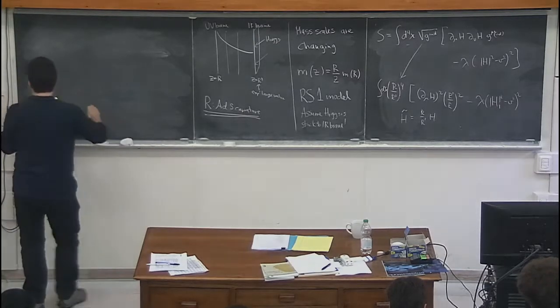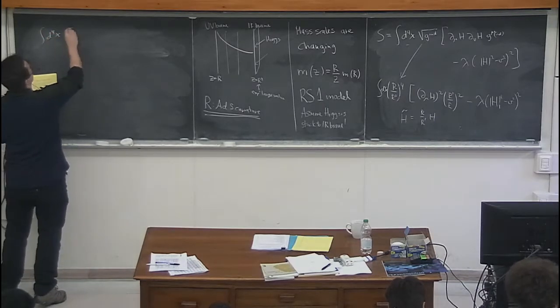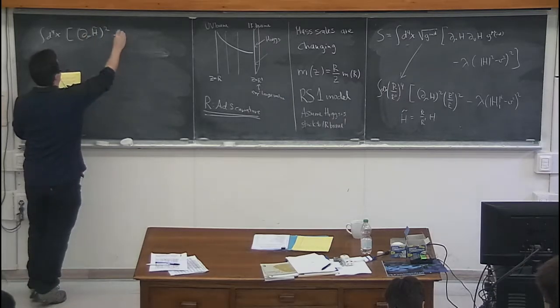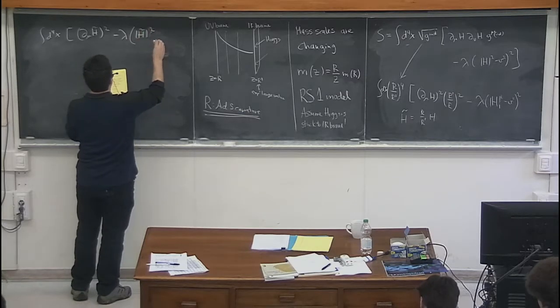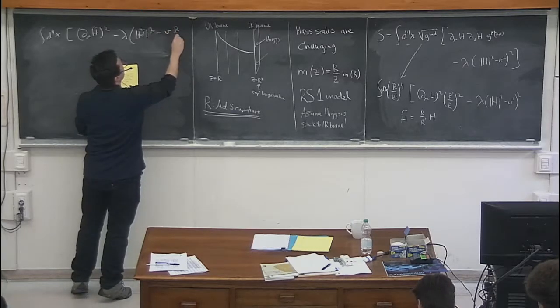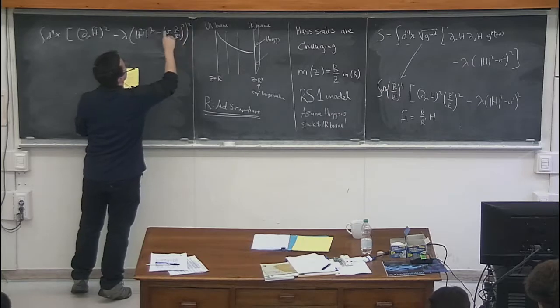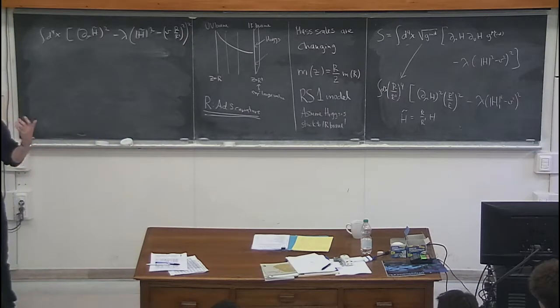a simple Lagrangian, integral d4x, now with a canonical kinetic term for the Higgs. Everything is fine in terms of quartic, and then the only thing that is non-trivial here is that the v, the thing that is setting the Higgs vev, is going to be explicitly rescaled.